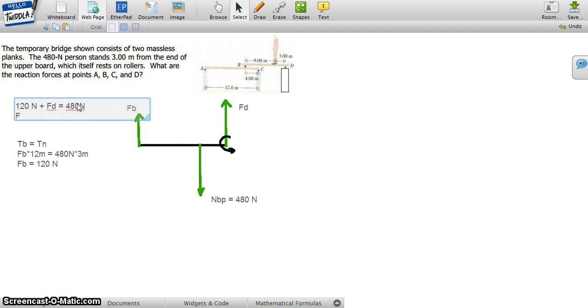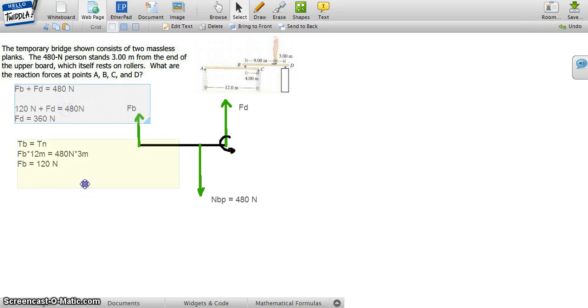Therefore, FD must be equal to 360 newtons. Okay, so I have FB and FD.